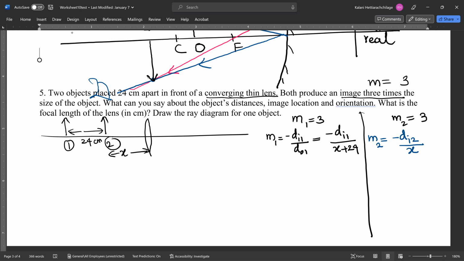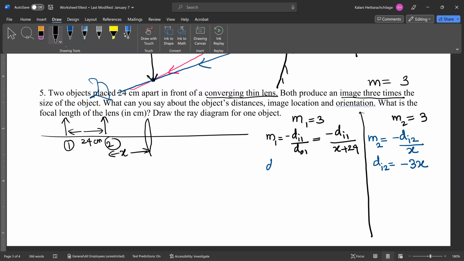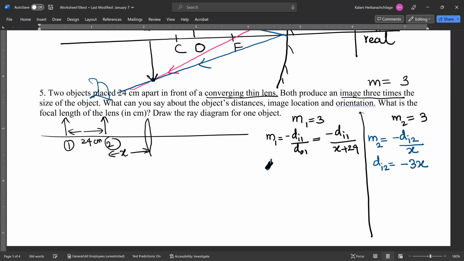So now from this, I know that I can write DI2 equal M2 times X. It is also negative, M2 is 3 and X. From this one, I will be able to write DI1 is equal to 3 times (X plus 24). Again, it is negative or positive, but I need to decide in both cases.